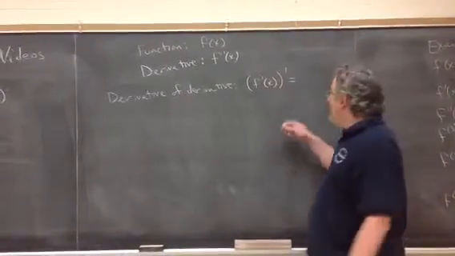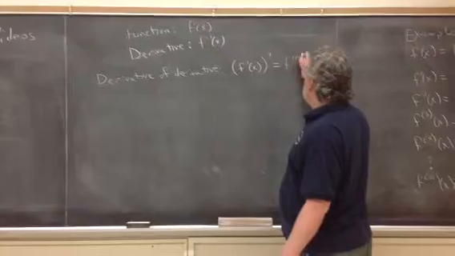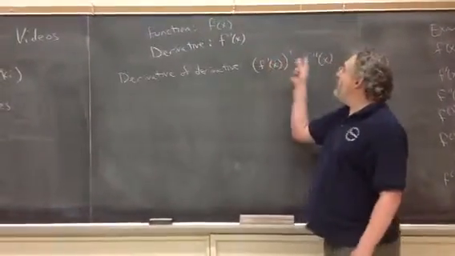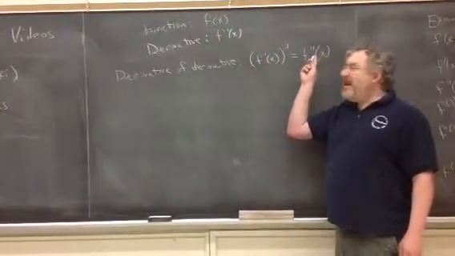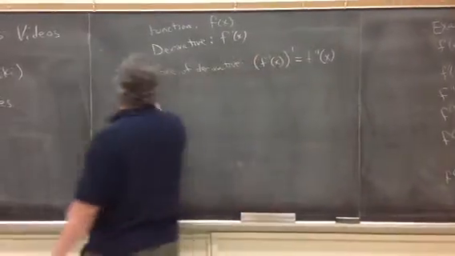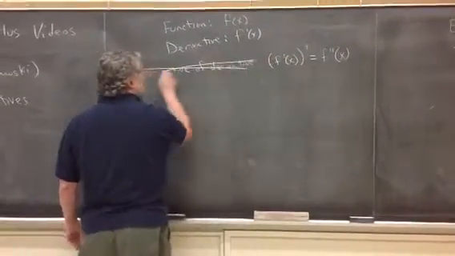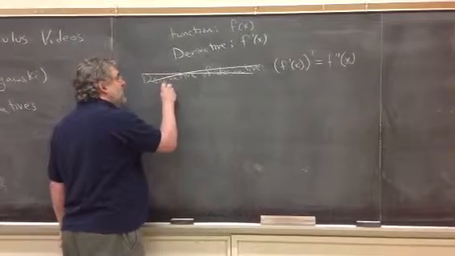So notationally, instead of f prime of x, we write f double prime of x. And instead of writing the derivative of the derivative, we write the second derivative.